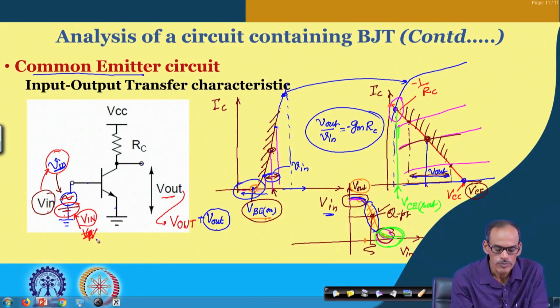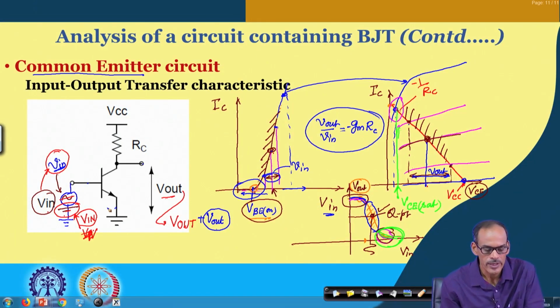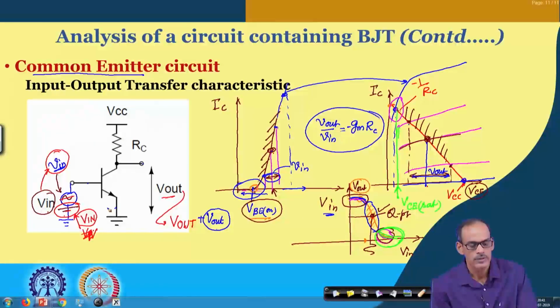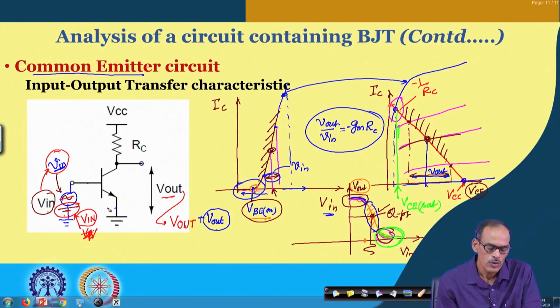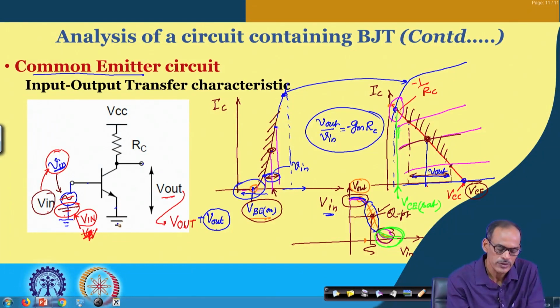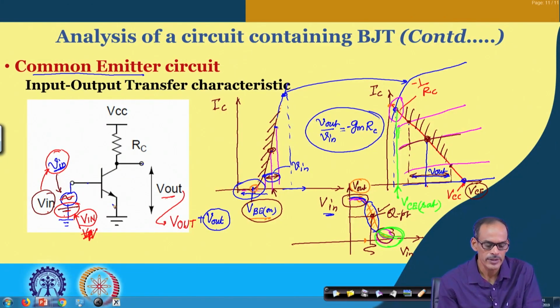So for the signal, the emitter is also working as a reference terminal, and that is why we call it a common emitter amplifier. Note that the emitter need not be connected to ground; as long as it is connected to a constant DC voltage, we also call it a common emitter amplifier.